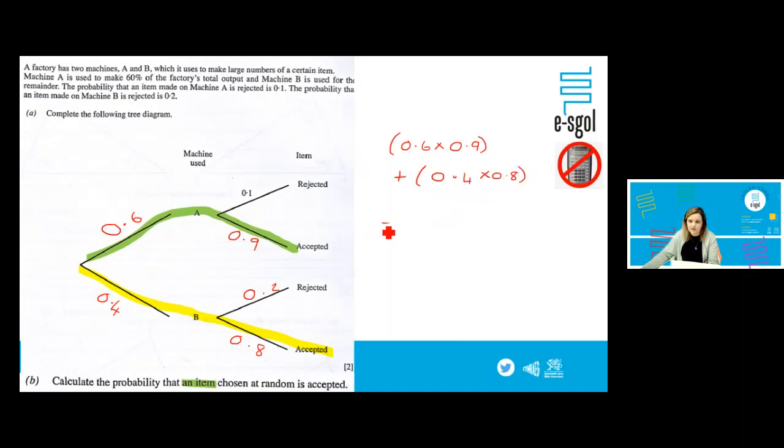So what you should have done, 0.6 multiplied by 0.9, is 0.54. Adding that to 0.32, which has come from multiplying the 0.4 times the 0.8. And then when you add those together, 0.86 is your answer there. Okay, so that's that question done.